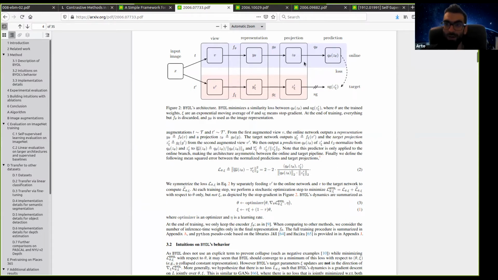So this Q is a function which is supposed to negate the augmentations applied to t, right? So what is the difference between z xi and z theta?